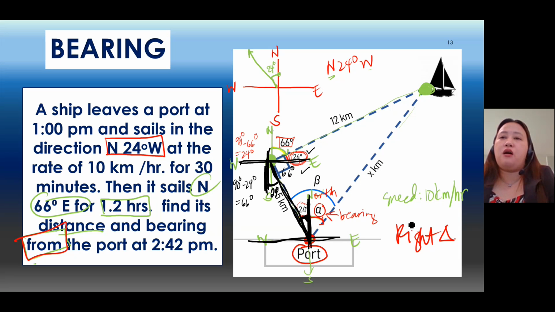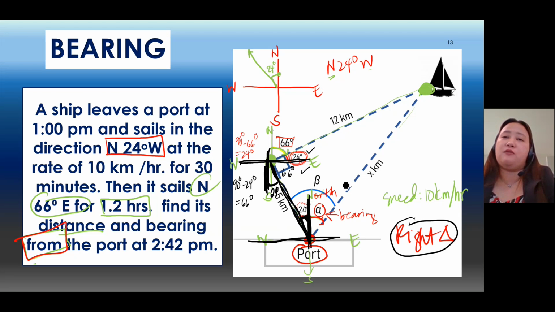So after checking if we do have a right triangle, then you can already apply the Pythagorean theorem. In the Pythagorean theorem, we do have two sides given and then one side unknown. So you can already solve it.